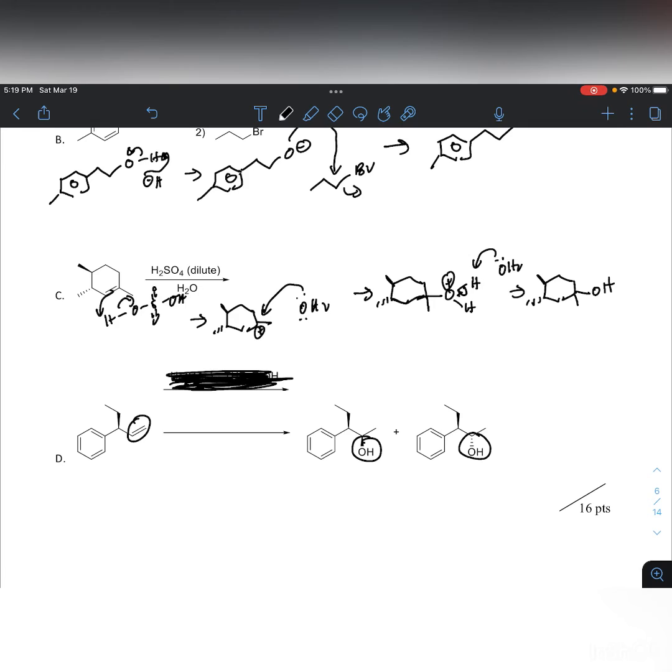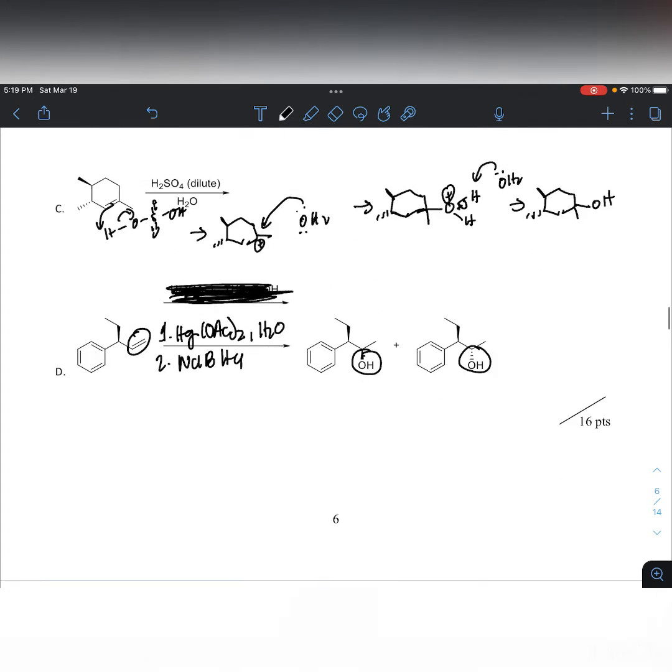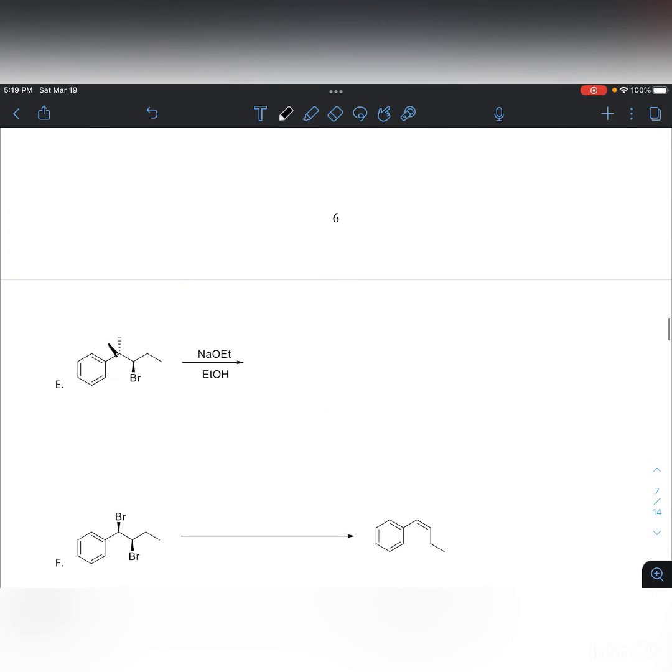And one reaction that always comes to mind is the oxymercuration reaction. So whenever you take this, react with mercury in water, then follow up by reduction, that should give you these two products. Let's move on to E.